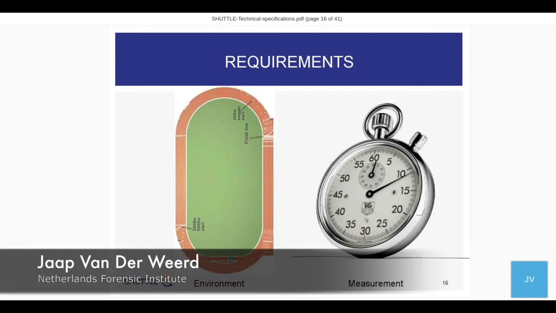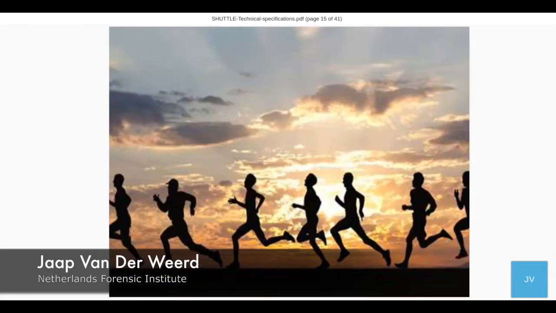And the other thing is, we need to measure. We need a stopwatch, a time control. If we can agree on those aspects, the environment and the measurement, then we can set a standard.